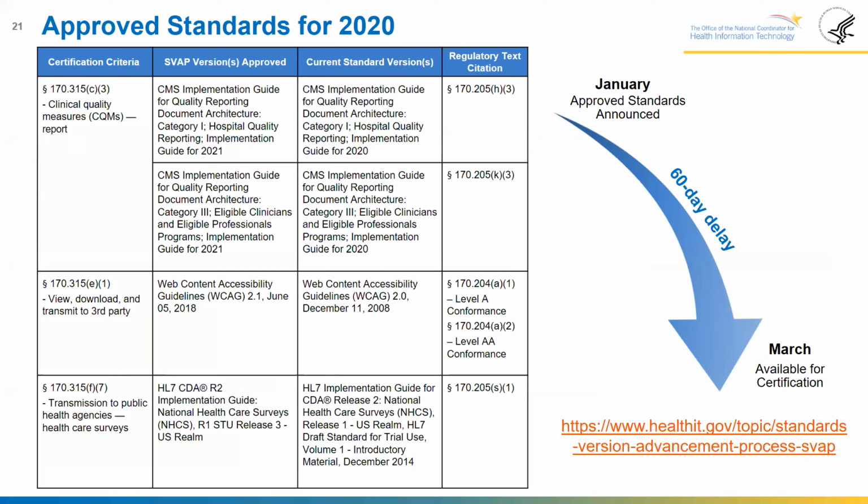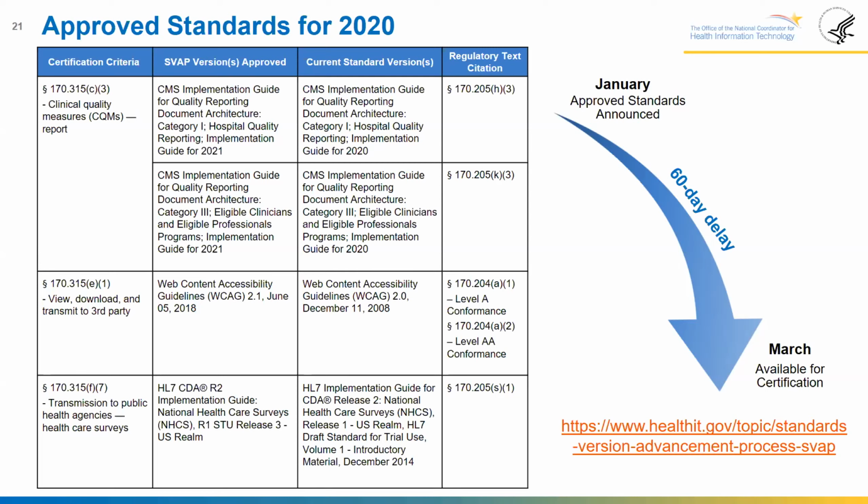After a 60-day delayed effective period, the new versions became available for use in the certification program as of March 12th, which was just last week. So developers can start updating their modules to these approved standard versions within the program if they so choose.